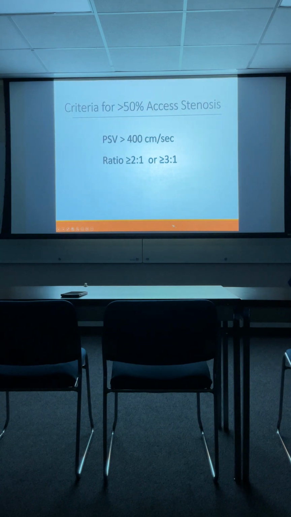So the criteria for an access stenosis is basically the same for fistulas and grafts. The peak systolic velocity should be greater than 400 centimeters per second, and the velocity ratio is either greater than 2-to-1 or greater than 3-to-1.